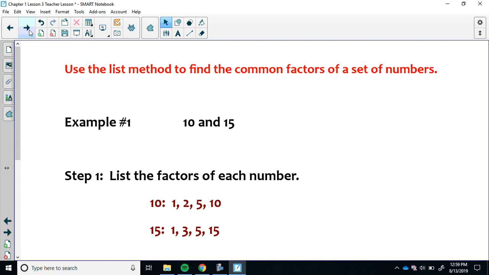First thing we're going to have to be able to do is find common factors. And one of the methods that you can use to find common factors is to list the factors of each number. So my first example is 10 and 15.